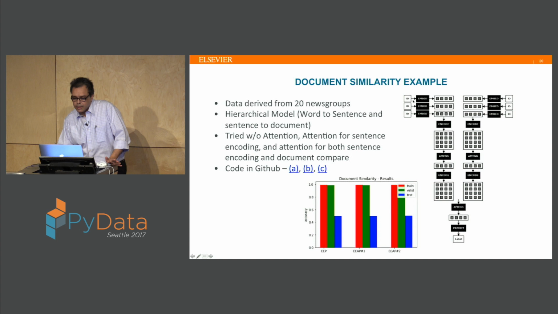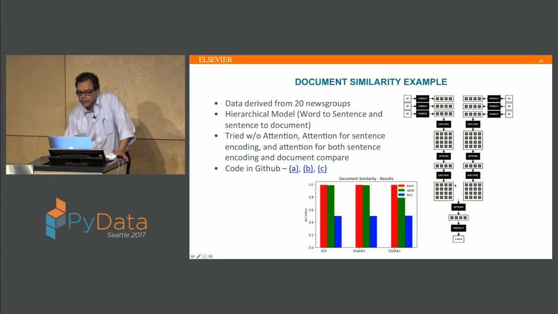I'll just explain the diagram here for a bit. These are the word IDs. For each word ID, I do an embed and get a word vector. I take a sequence of word vectors, do an encode, and I get a sentence matrix. If I want to use attention, I attend on that and get a sentence vector. Then I do an encode on a group of sentence vectors, and I get a document matrix.